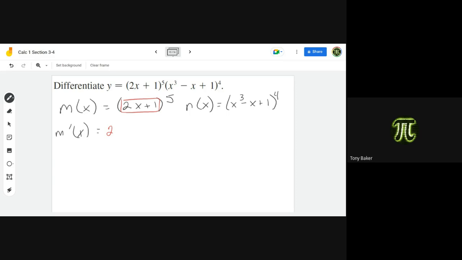So colors might help too. Now, we're going to look at the derivative of this piece here. I would bring down the 5. The 2x plus 1 stays to the 4th power. So then my final answer is 10, 2x plus 1 to the 4th power.